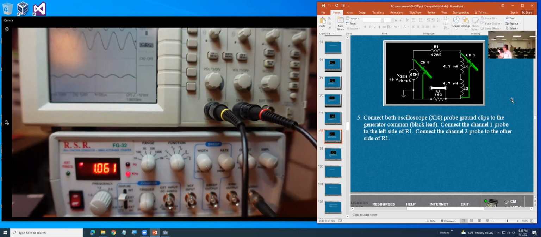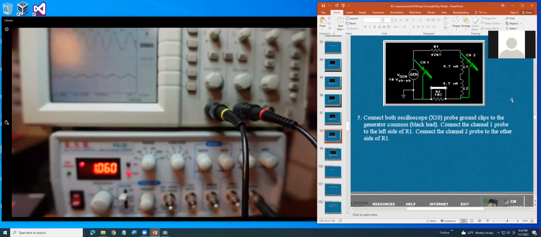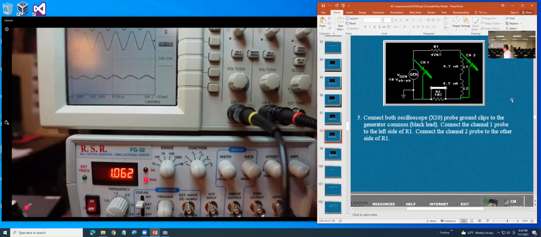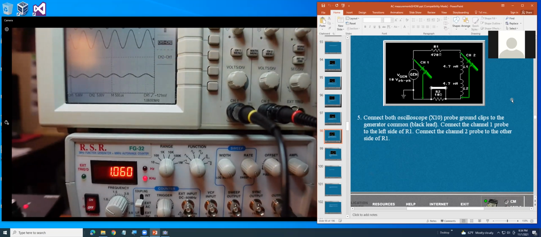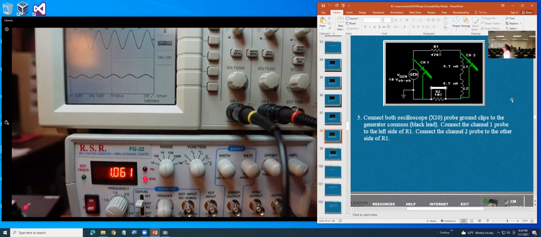Now you're looking at the display, you can see one window that says channel 1 minus channel 2. Hey, Mr. Pham, they can't see it because your mic is not showing that portion. I believe it will be right here. Okay, there you go: channel 1 minus channel 2.